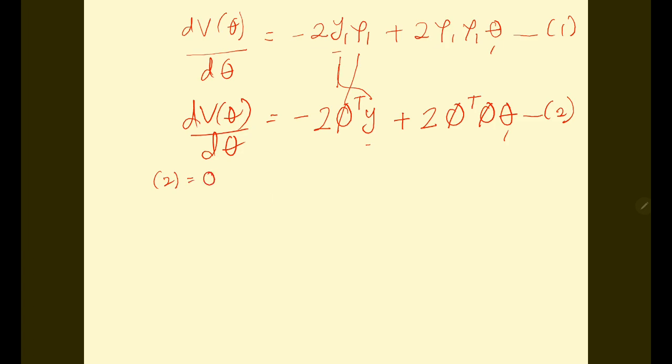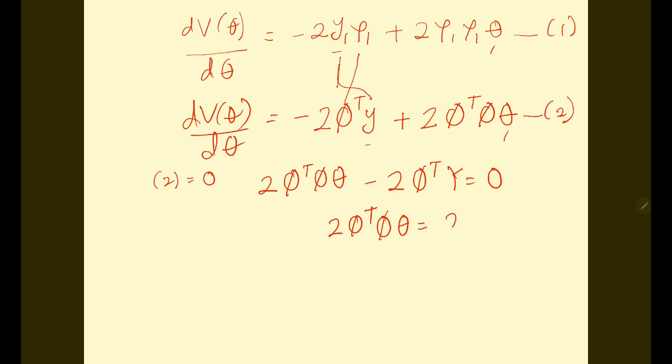So we will get 2 phi transpose phi theta minus 2 phi transpose y equal to 0. So 2 phi transpose phi theta equal to 2 phi transpose y. And we want to find the value of theta. What is the value of theta?